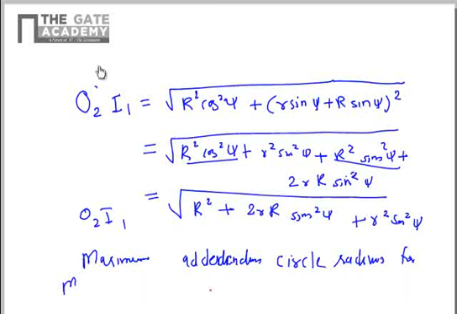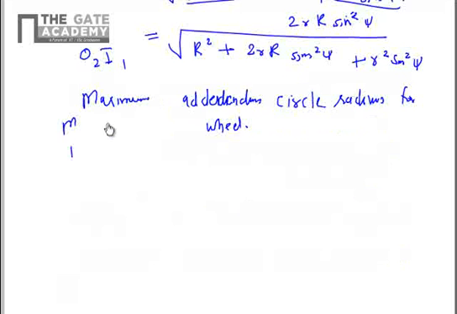radius for the wheel. What will be the maximum addendum for the wheel? The maximum addendum for the wheel will be the addendum circle radius minus the pitch circle radius, because addendum is defined as addendum circle minus pitch circle.